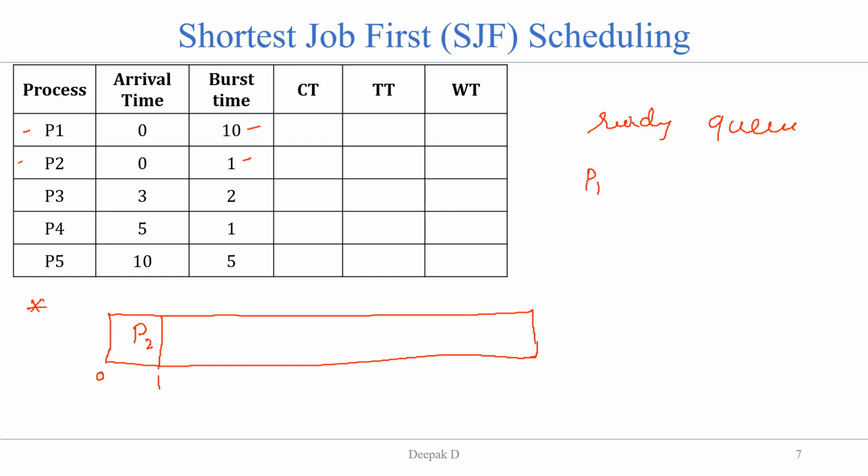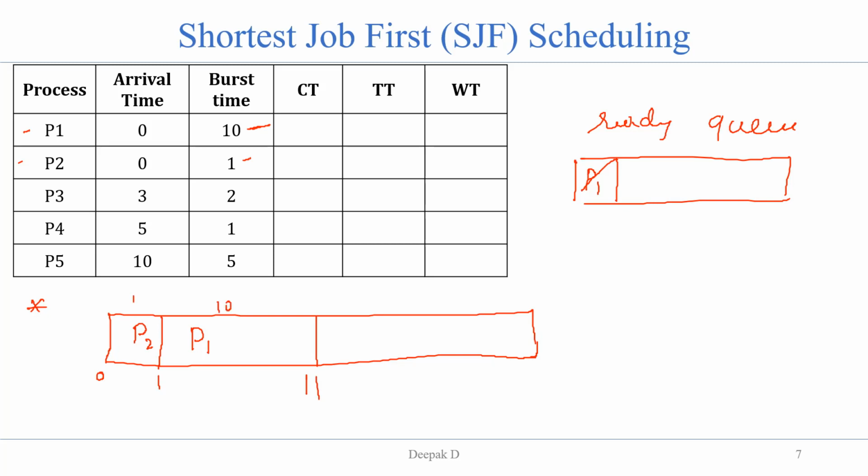So what best we can do is pick the process from the ready queue, that is P1, and give the CPU to P1 so that it starts executing. Until it finishes, it will not give the CPU back. How many milliseconds will it execute? It will execute for its burst time of 10. So 11 here, it is 1 and it is 10 here.